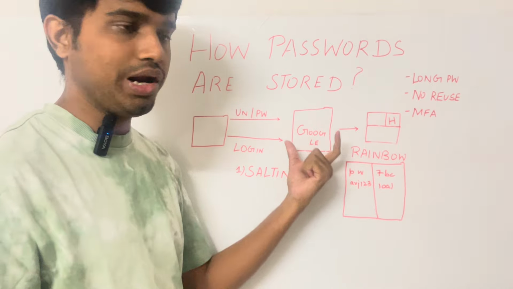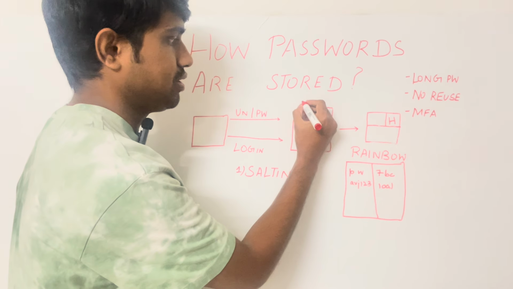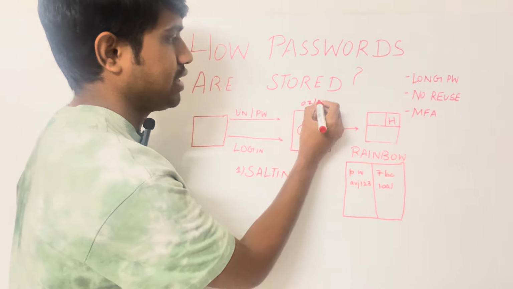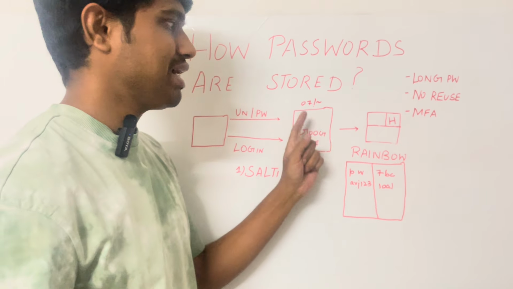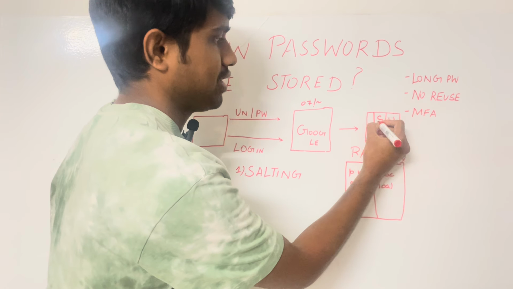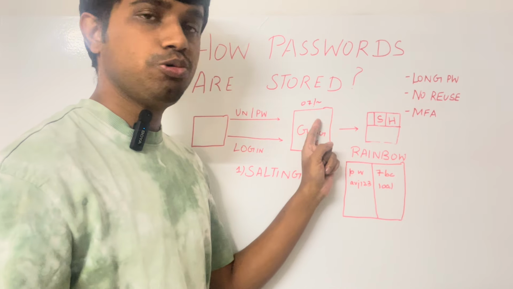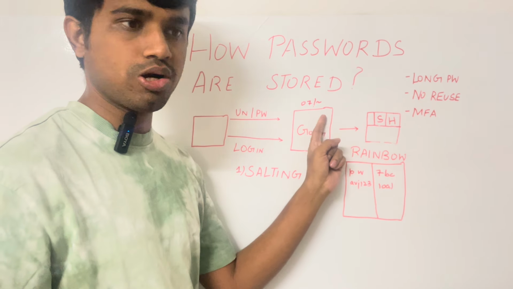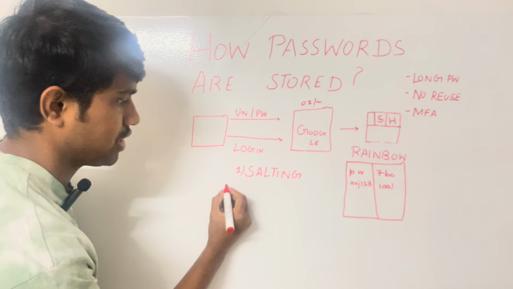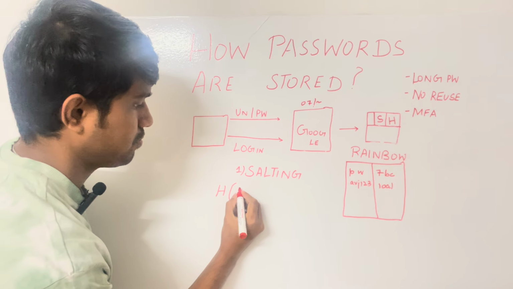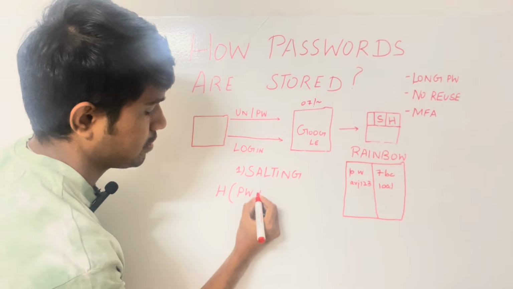Salt is like a small random value. It can be 0, 7, an exclamation mark, a tilde, something like that, and they will store that in the database as well. And they will do hashing on both the password and the salt. So your hash function will look like this: hash function of password plus salt.